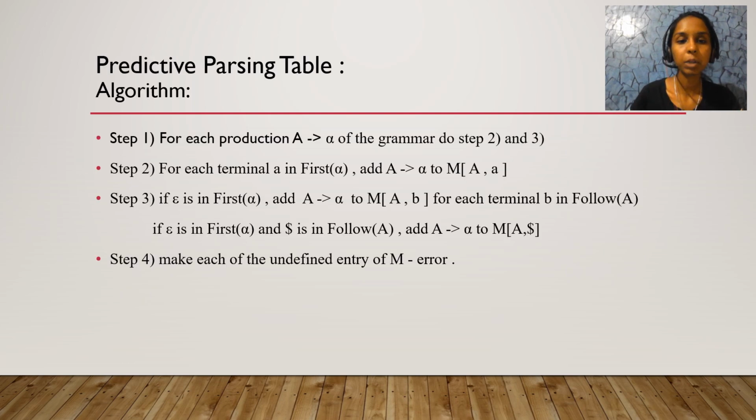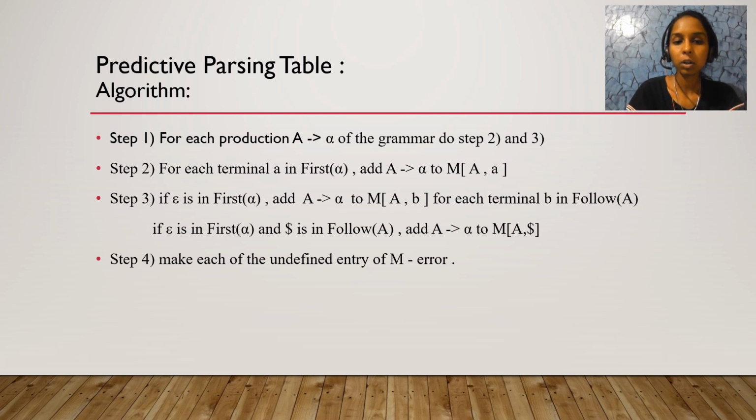So next is the predictive parsing table. For constructing the predictive parsing table, you first have to consider the algorithm. For each production A tends to alpha of the grammar, you do steps 2 and 3. For each terminal a in first of alpha, add A tends to alpha to M of A comma a.